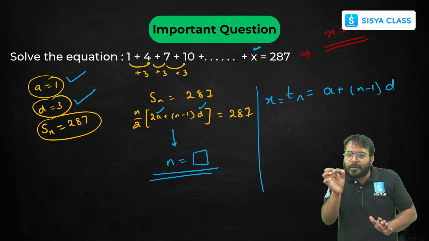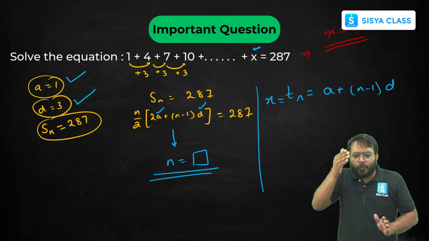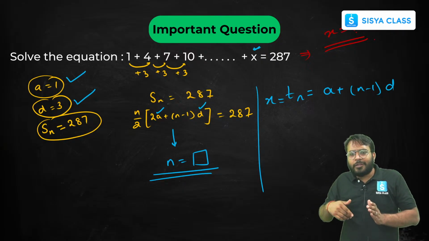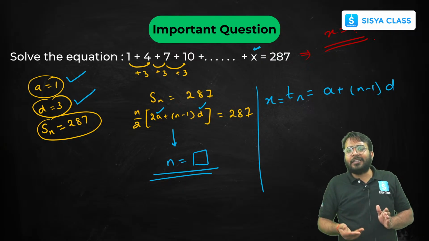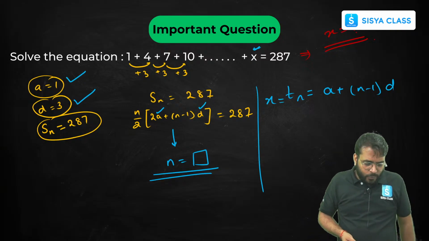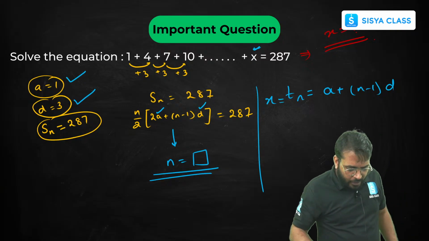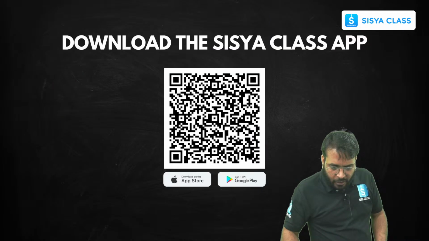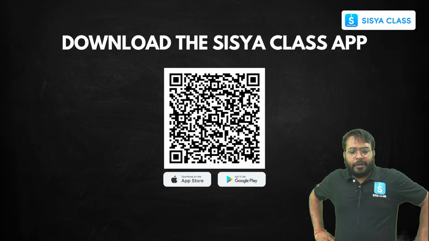That's why the last term is my nth term. So once you get the n value, find Tn, that is a plus (n minus 1) into d, and you will get the last term, that is x. Understood my point?